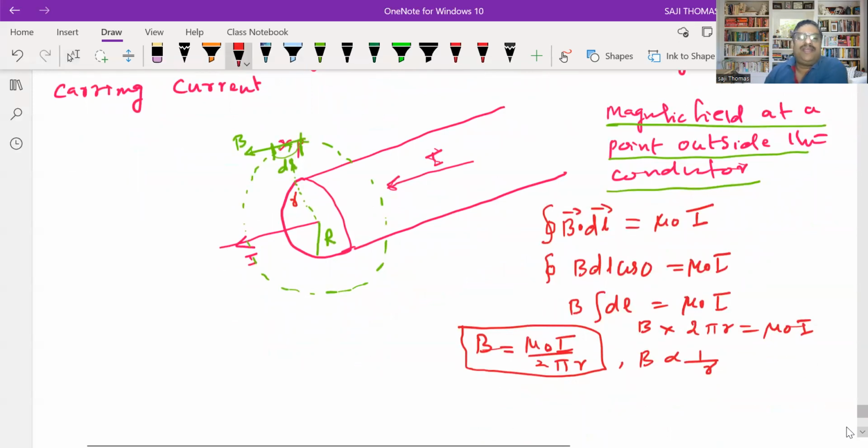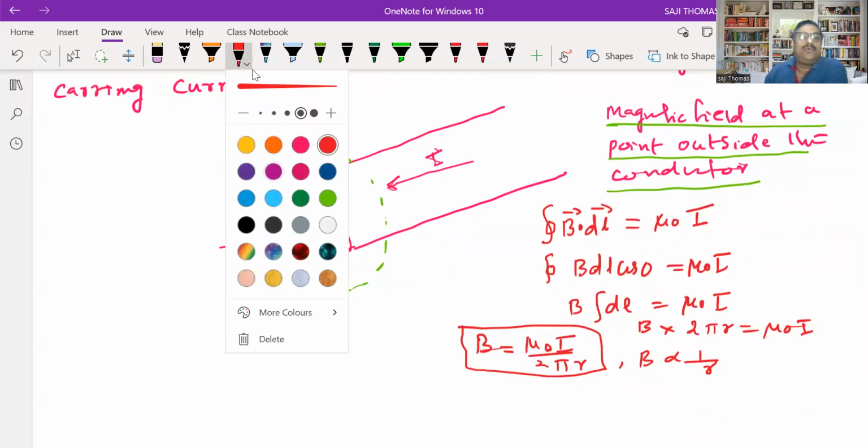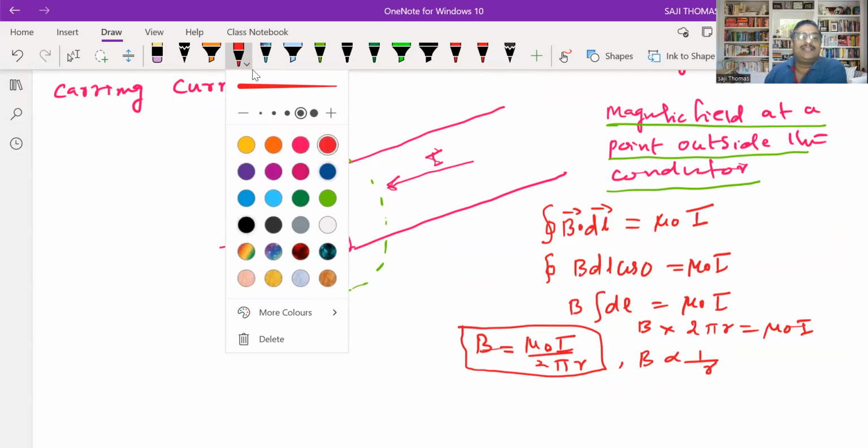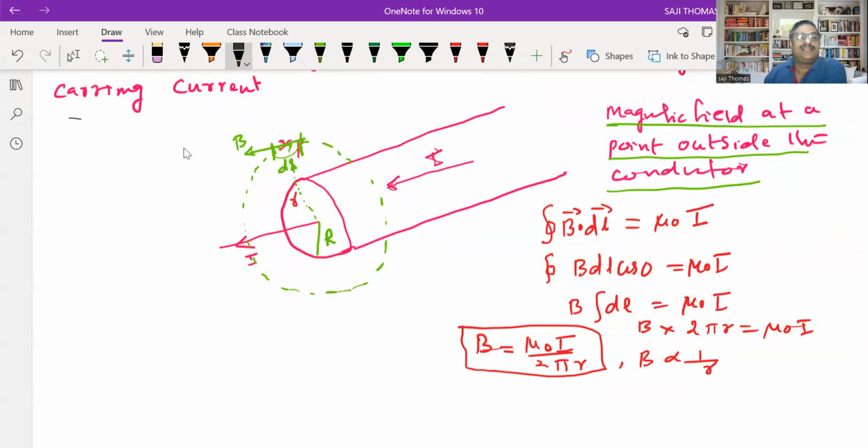Now I am going to find the magnetic field at a point inside the conductor. For that, you consider a point inside the conductor, this point P dash. So we need to take an Amperian loop. Draw an Amperian loop in black.